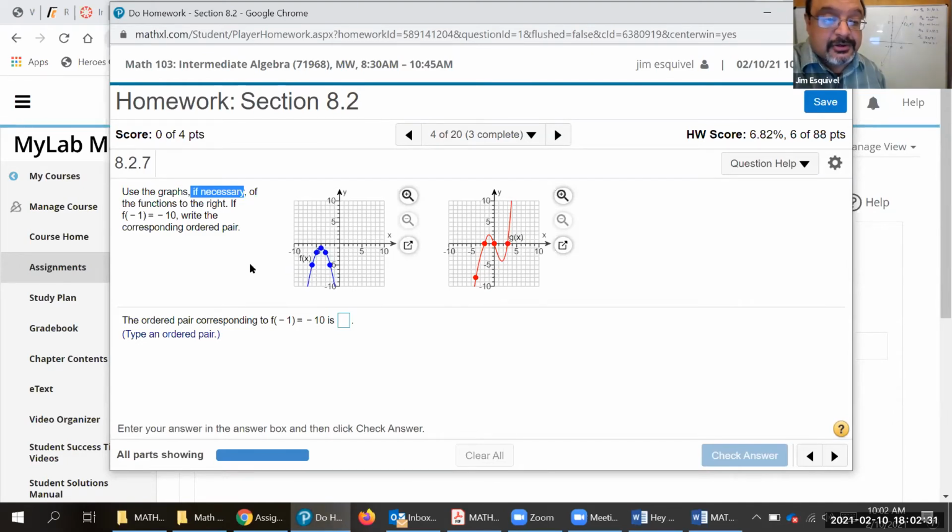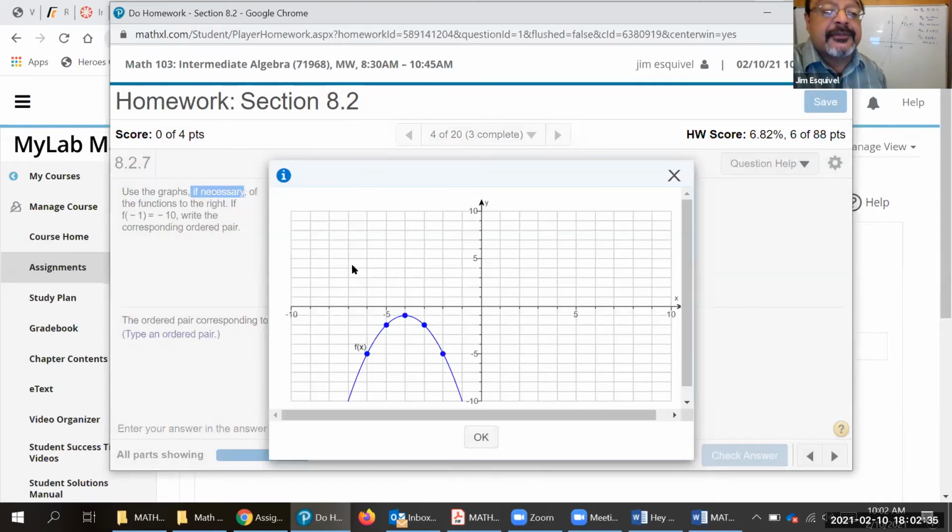And then you're supposed to figure out, if necessary, f of -1. So when x is -1, what's the y value down here? Well, you could barely see it. Plus, they don't put one of these dots. So maybe it is negative. I can't really tell for sure because it's not definitive.